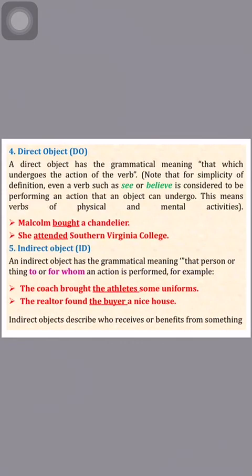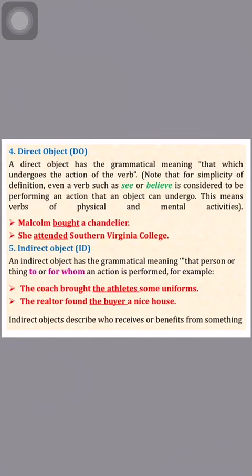Verbs like see and believe, though we know them well, whether I say see or believe, are considered as performing an action that an object can undergo. This indicates that we are treating verbs of physical as well as mental activities, not only physical actions.